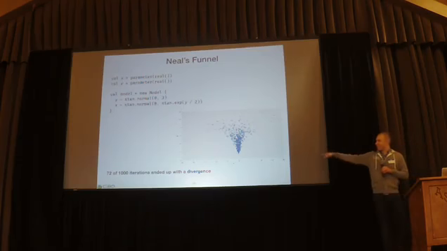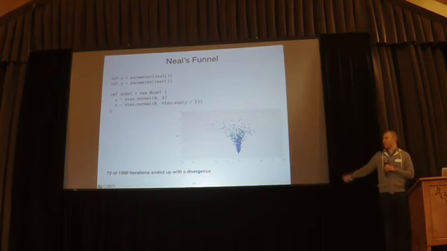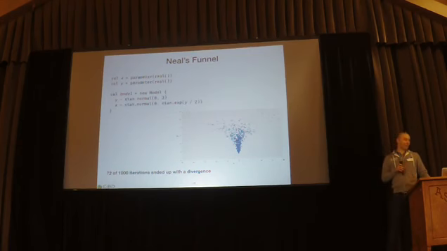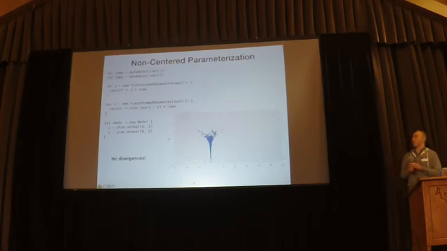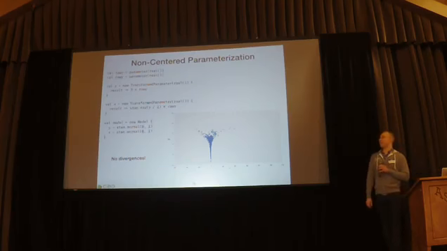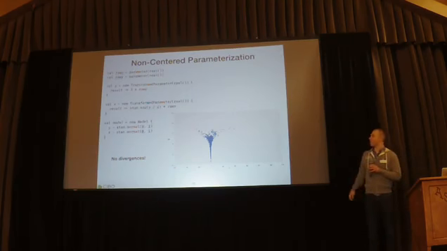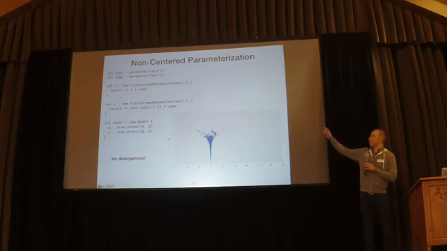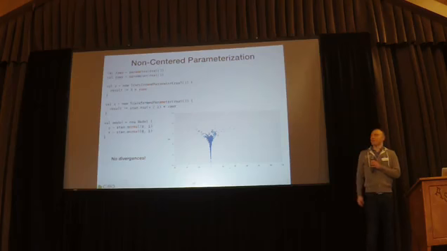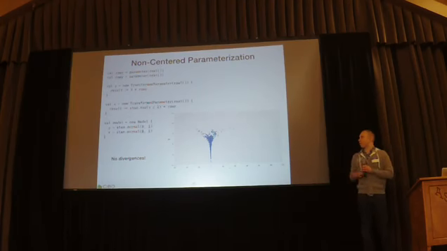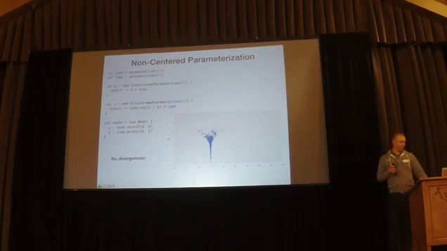The HMC is not exploring down in the neck of the funnel of this model. So the manual suggests a non-centered parameterization, and if we do that, it does a much better job. We did this in ScalaStan by introducing two transformed parameters, just like the Stan version, and then we sample from the non-centered distribution.